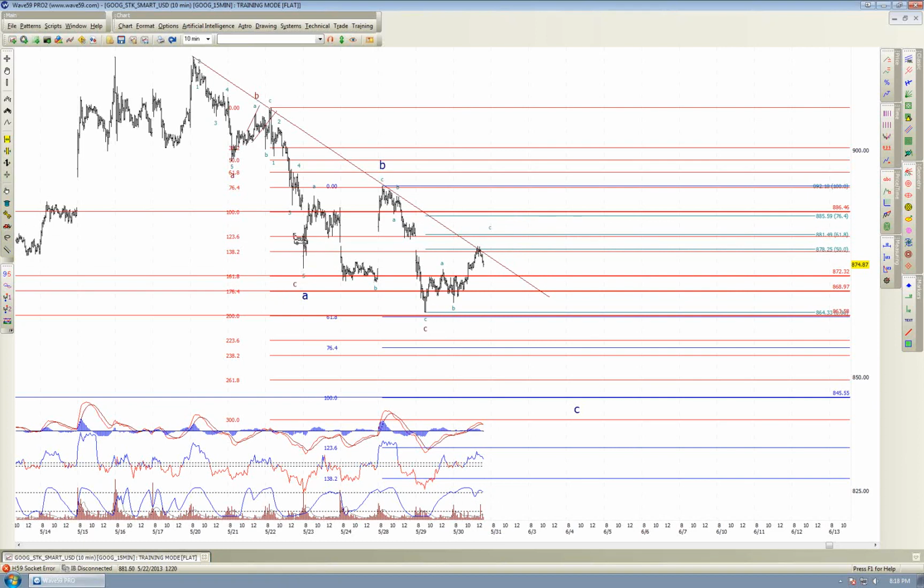And if we are looking at an ending diagonal, then this would be the wave 1, 2, of that ending diagonal.